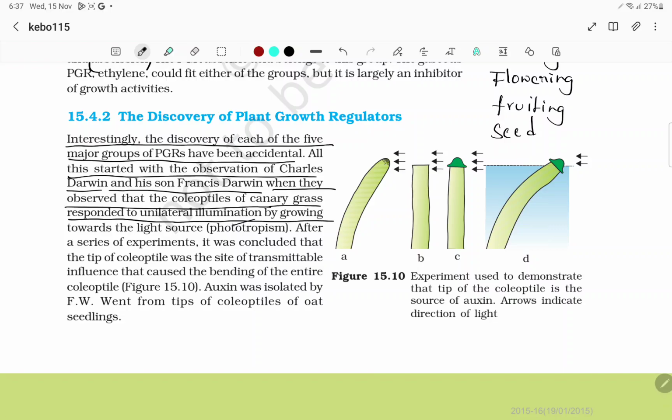Phototropism. If you can see here, experimentally they cut the tip and put the tip here, and the growth will be towards the light, which is phototropism.